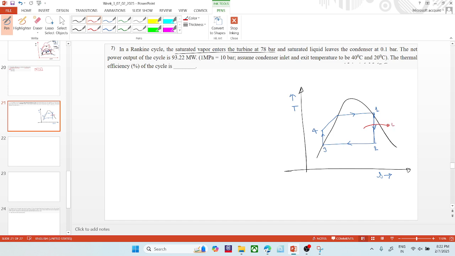Here, the specific turbine work will be obtained and specific pump work we have to supply. Here, specific heat we have to supply, and here, specific heat would be rejected. So these four processes would be there.